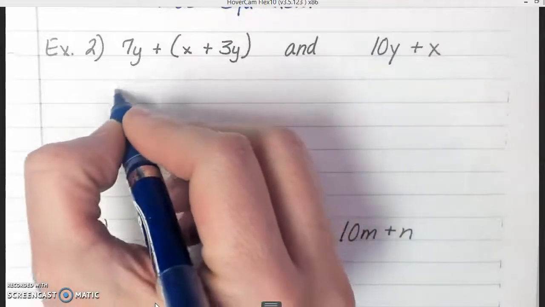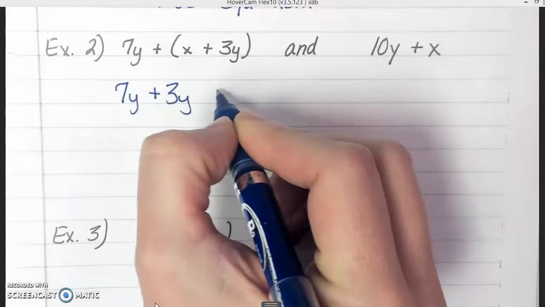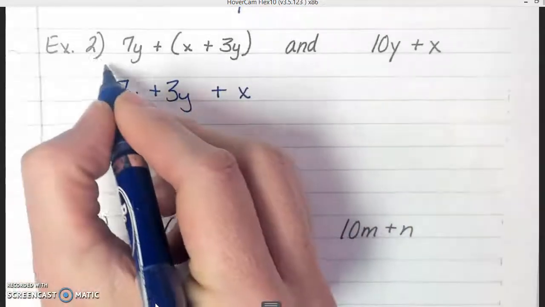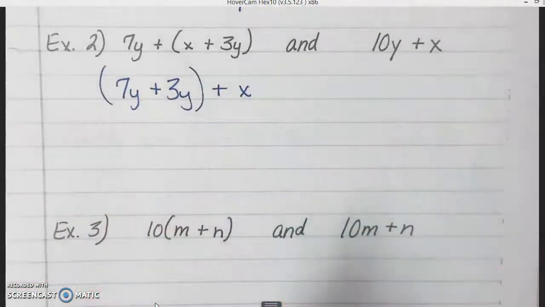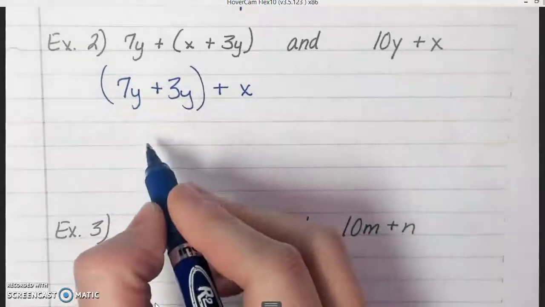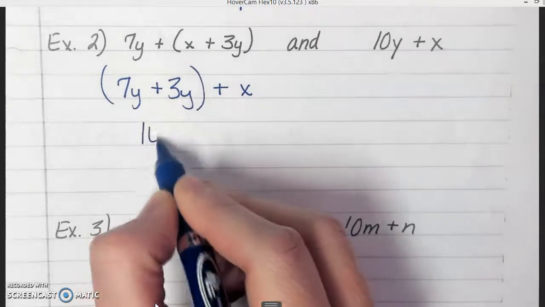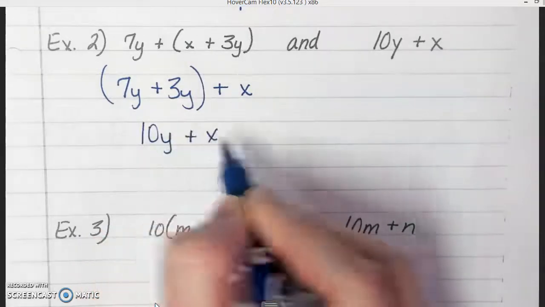So I'm going to put my y's together. When I regroup it, I'm going to put my parentheses around my y's. So now, can I add my y's? And what would that give me? 10y plus x.